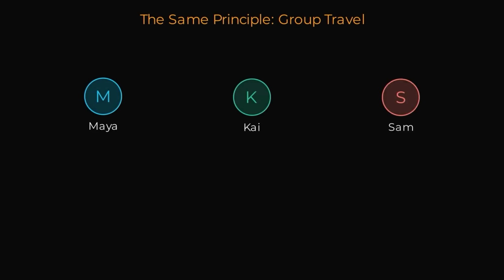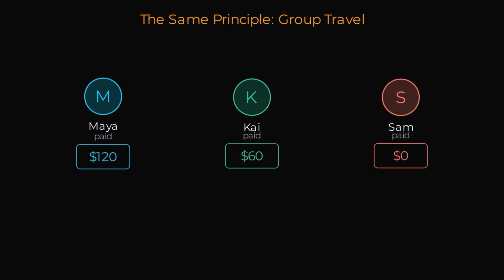3 friends go on a 2-week trip. All expenses are shared, but throughout the trip, not everyone pays at the time. Maya books the hotel and pays $120 out of her own pocket. Kai picks up the grocery run, $60. Sam pays nothing, $0.